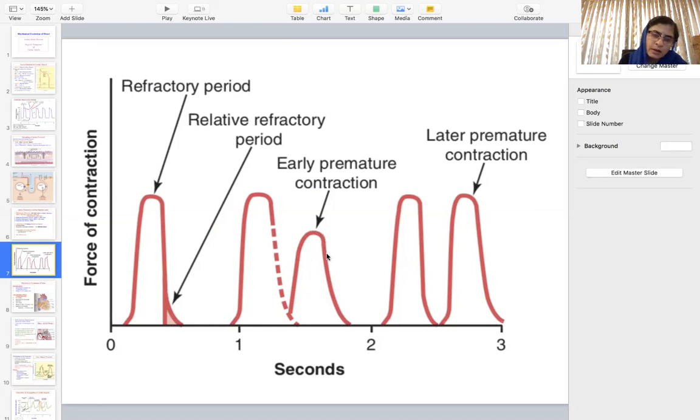You will learn about premature contraction in later lectures. This shows the extent of the absolute and relative refractory periods. Although the plateau is not labeled here, it includes the plateau phase, and the last one third is the relative refractory period, while the whole depolarization and plateau phase comprise the absolute refractory period.